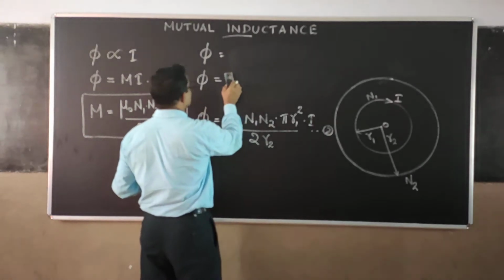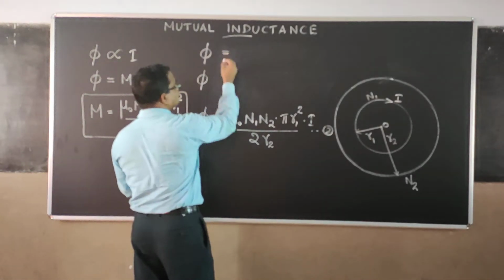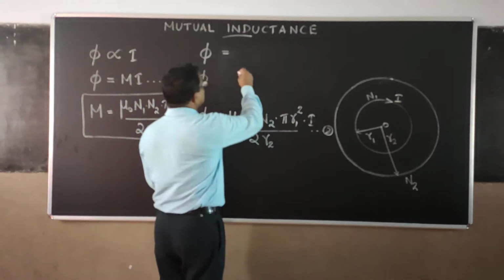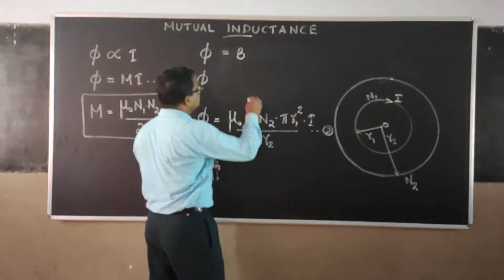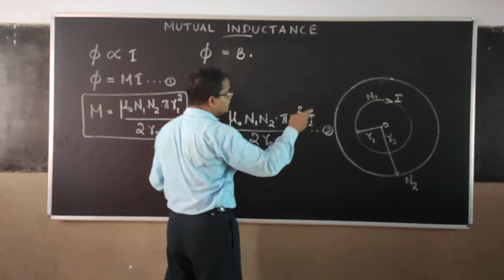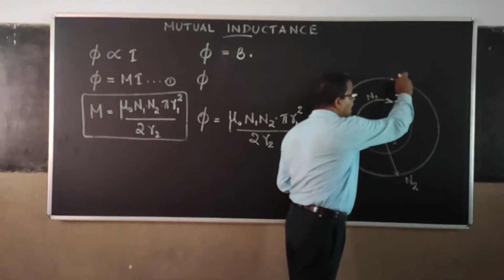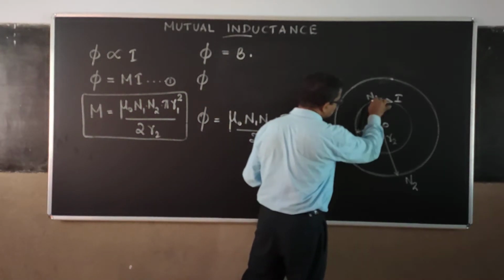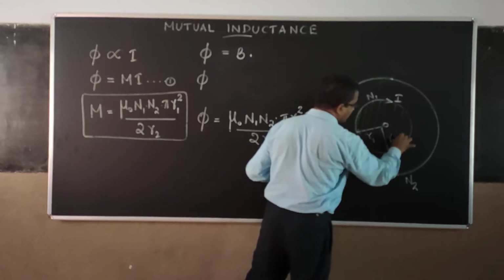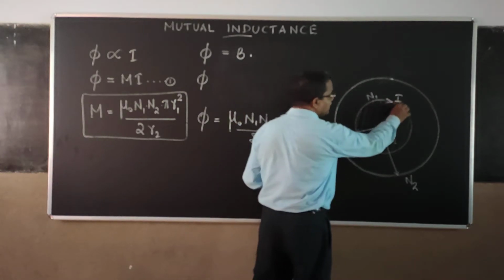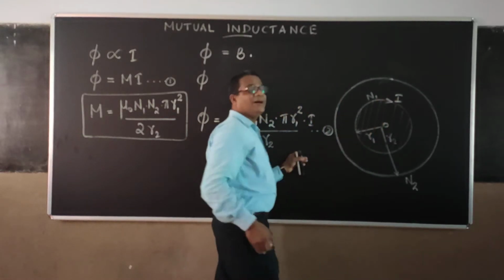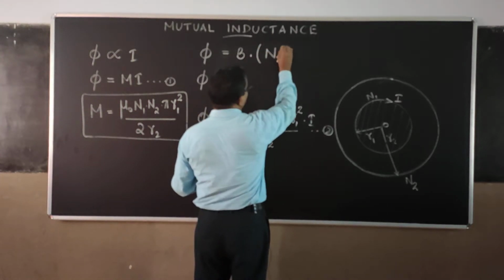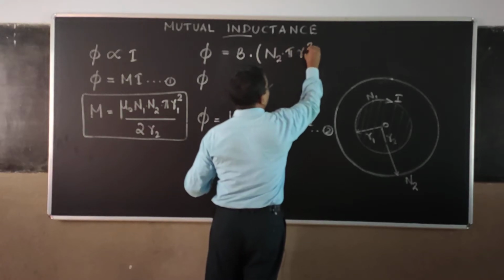Now flux phi equal to the magnetic field produced inside the inner coil into the total area of the outer coil inside the magnetic field. So magnetic field is present only in this particular area. Therefore, this much area of the outer coil is coming into the magnetic field. That means N2 into pi R1 square it will be.